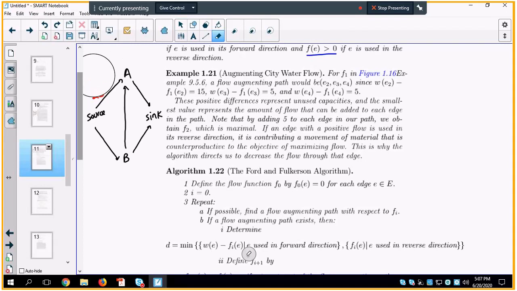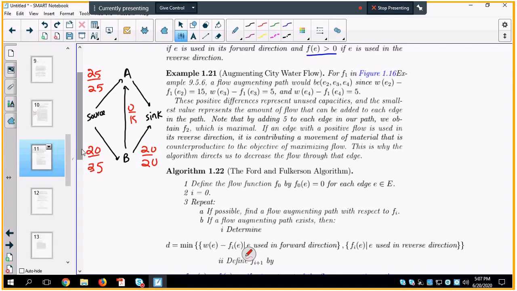This was our initial setup: 25 out of 25, 20 out of 35, 20 out of 20, 0 out of 15, and 25 out of 30. Okay, so that was our initial flow function.